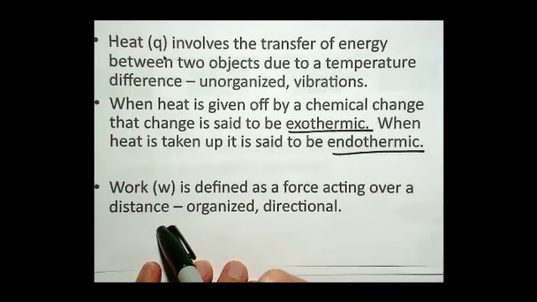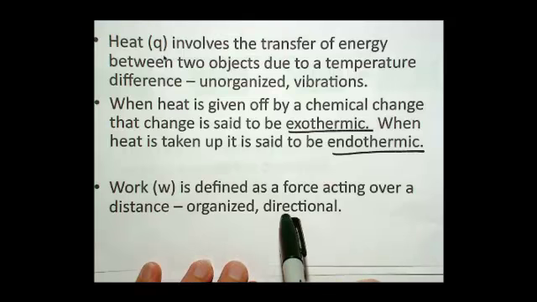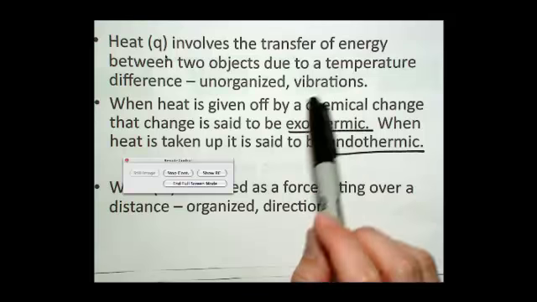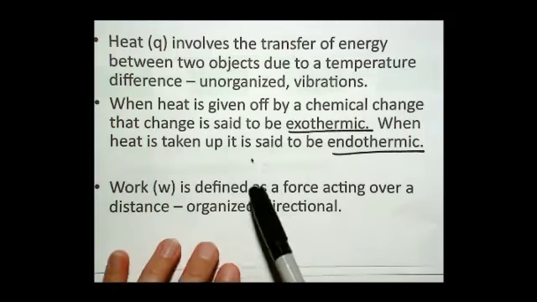And the other way is in the form of work, and that's just lowercase w. And work, of course, is defined as a force acting over a distance. And this type of energy transfer is organized and directional. Whereas heat is unorganized and is just vibrational, the work is organized and directional.